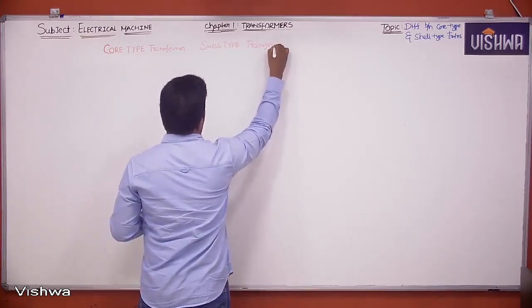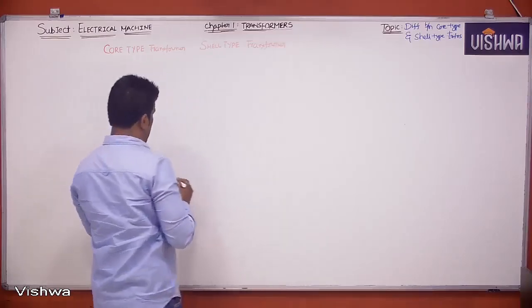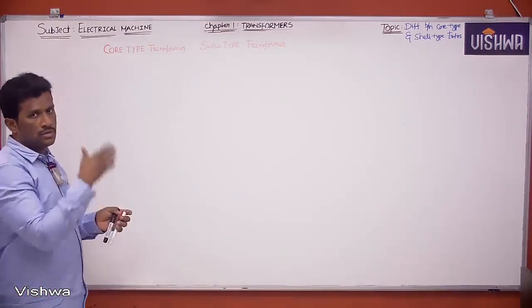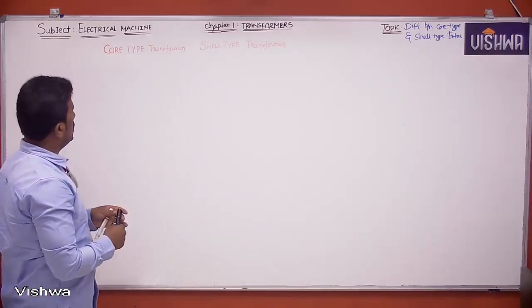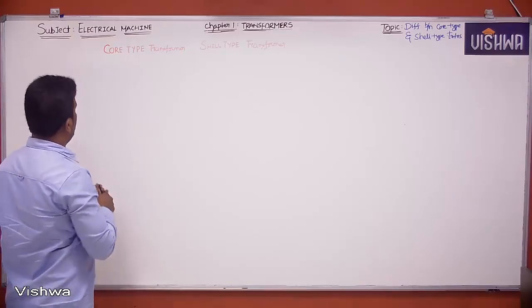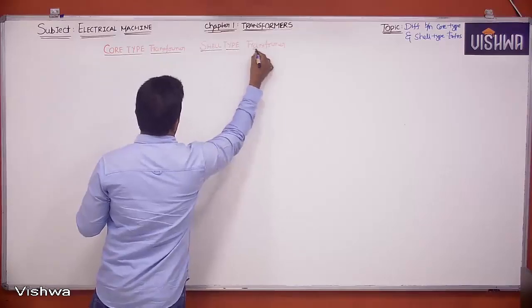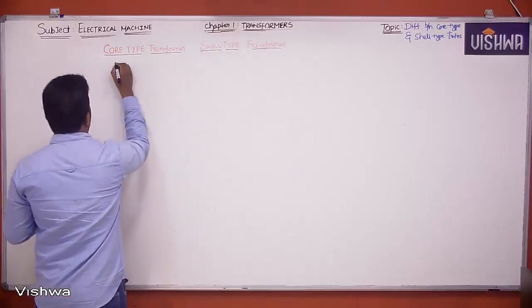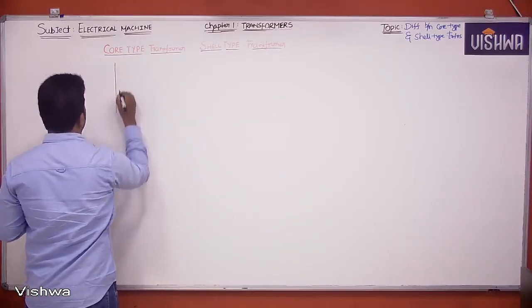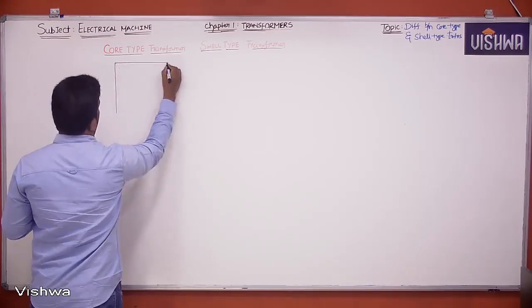You can divide your page into two halves and just write, left hand side core type transformer and right hand side cell type transformer. Okay. Right, here, first of all, let me draw the core type transformer diagram. Thereafter, we can explain.